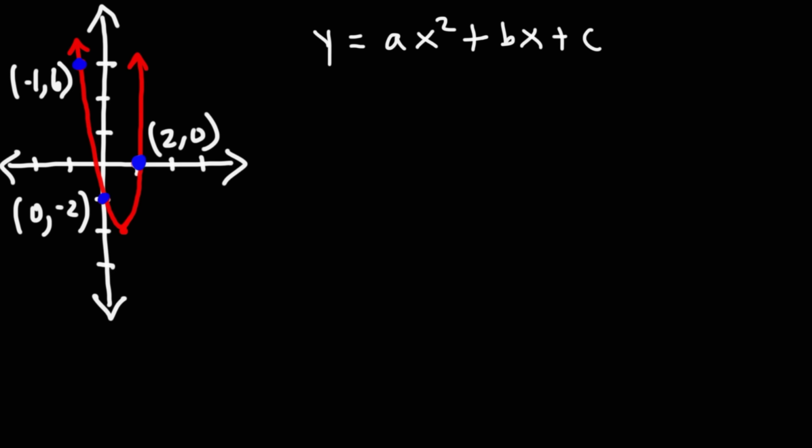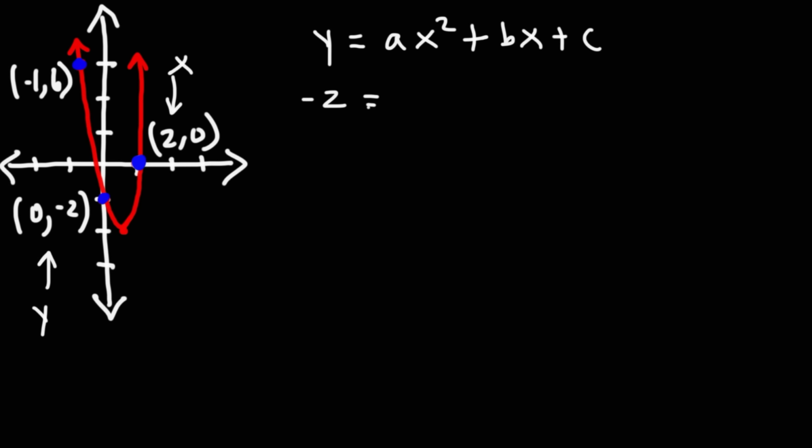Fortunately, however, we know the x and y intercepts. This is the y-intercept when x is 0, and this is the x-intercept when y is 0. The first thing I would recommend is starting with the y-intercept, because automatically that will give us the value of c. So let's focus on this point, where x is 0 and y is -2.